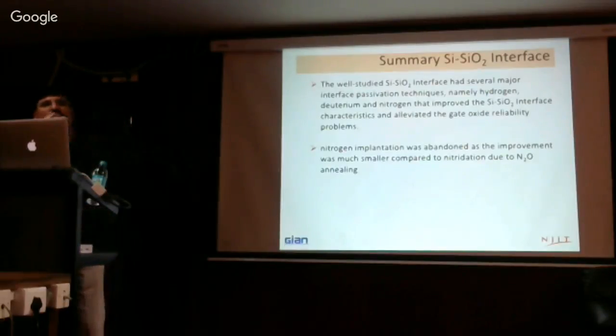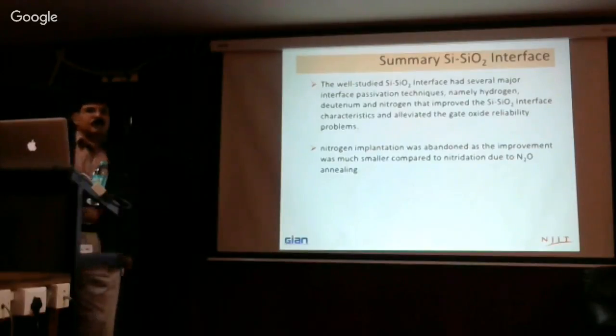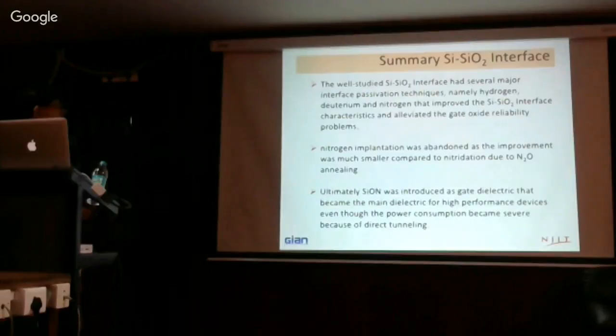They have oxynitride where you need extremely high-speed transistors. Even though the power consumption is very high there, you need the performance. And ultimately silicon oxynitride was introduced, and this has been the trend even now.